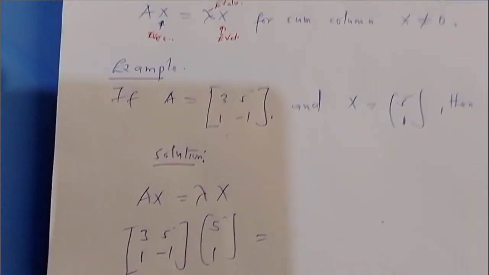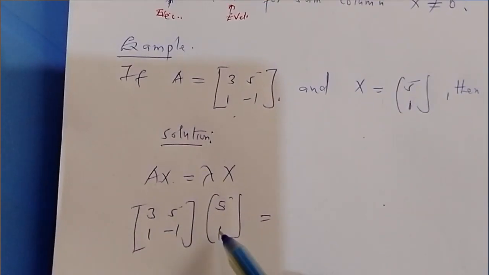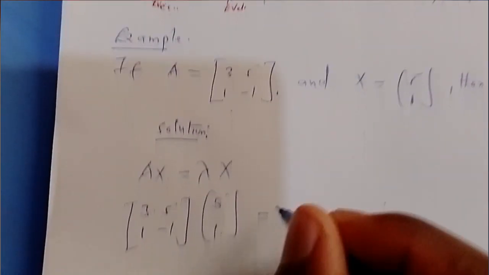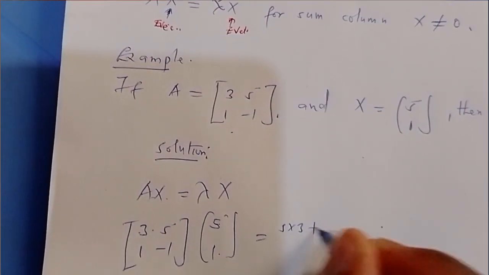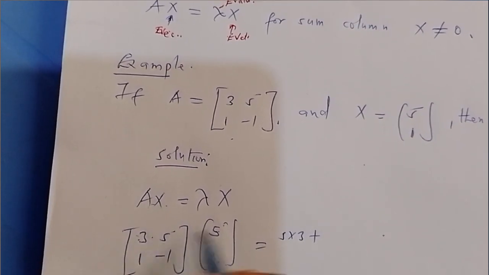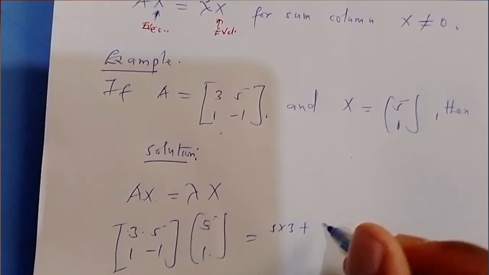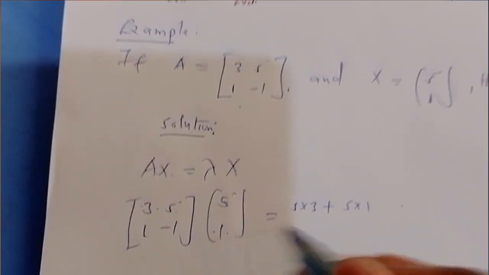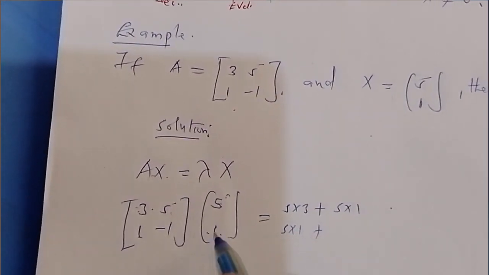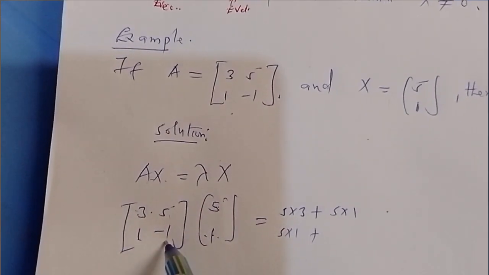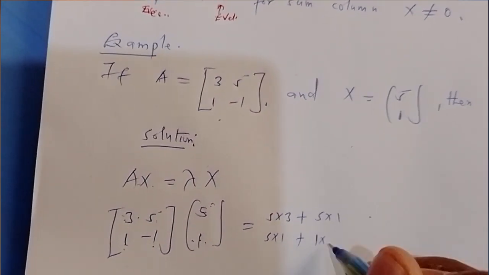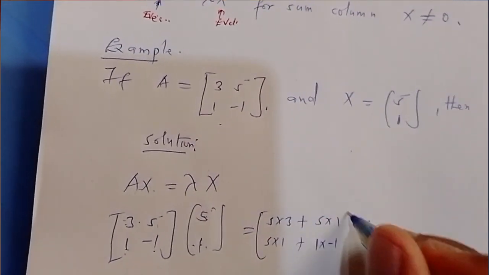For the first row, we take 5 times 3 plus 5 times 1. For the second row downwards, we take 5 times 1 plus 1 times negative 1. It is still a matrix.